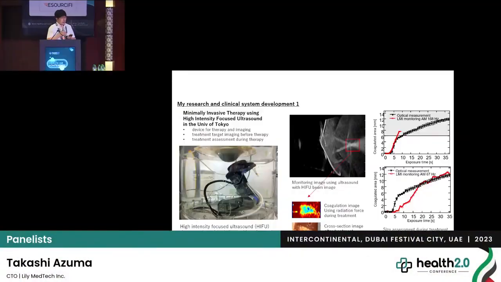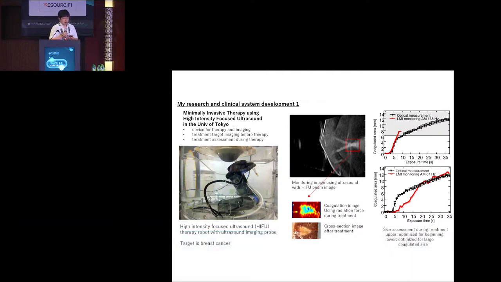Okay, thank you. Before starting my topic, I have a self-introduction in 3 slides because this is very useful for understanding my topic. In the left panel, this is a robotic system for minimally invasive therapy for breast cancer using a high-intensity focused ultrasound beam. The upper middle image is an actual image.